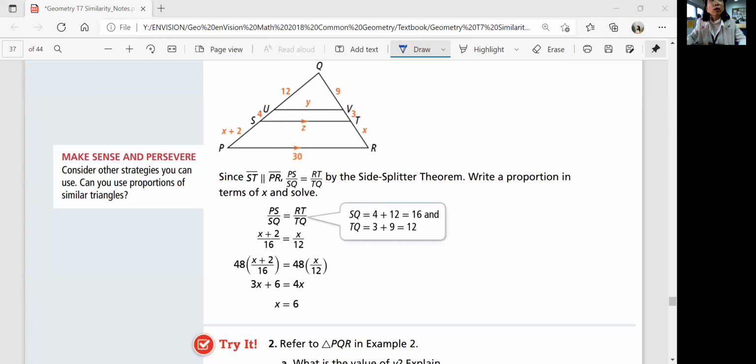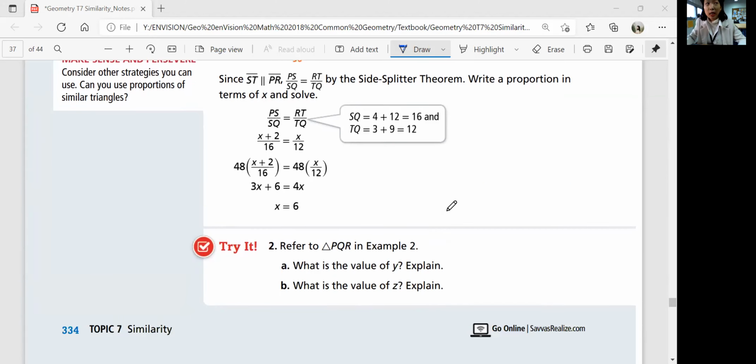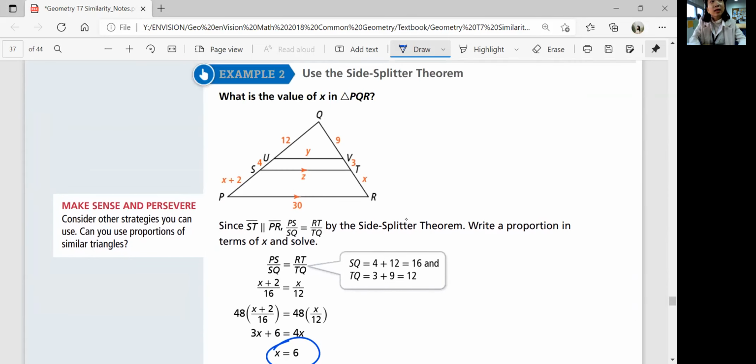Okay, so have you figured out A and B? What's the value of Y? You're going to use the information x is equal to 6. We just figured out that x is equal to 6. That means SP over here is 6 plus 2. So that's 8. Okay. And x here is going to be 6. So 6 plus 3 is 9. VR is 9. And UP is 12.